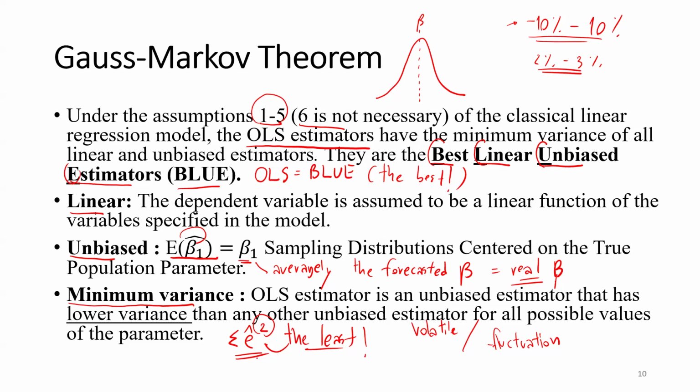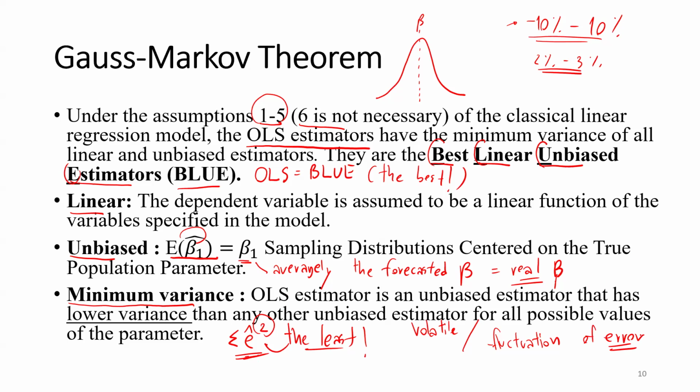Again, error hat square is the fluctuation of error. If we can get the least fluctuation of error, it means your model can forecast accurately.